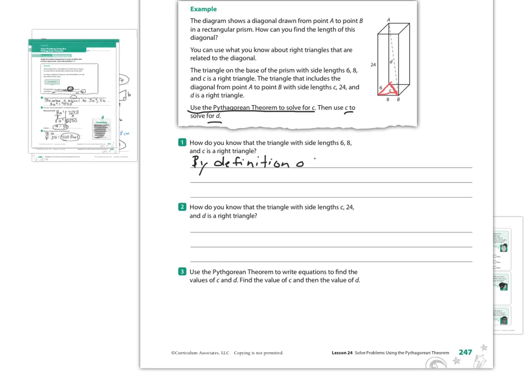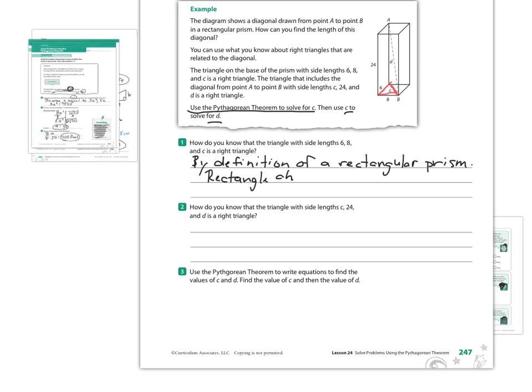By definition of a rectangular prism: a rectangular prism is a prism made up of rectangles. And a rectangle, by definition, is a four-sided shape with 4 90-degree angles.